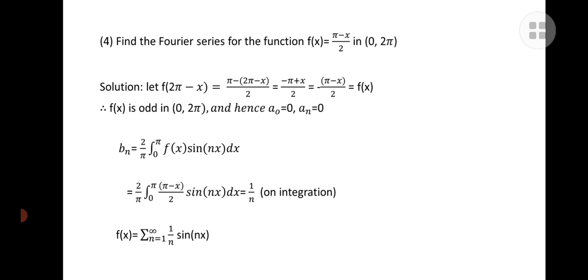Here both f of x and sin nx are odd, so that is 0 to pi (pi minus x) divided by 2 sin nx dx, and on integrating, or by using the Bernoulli rule, we will get the b_n value as 1 by n. So the series we can write as summation n is equal to 1 to infinity of 1 divided by n sin nx. Of course, if you want, take the summation, otherwise leave it.